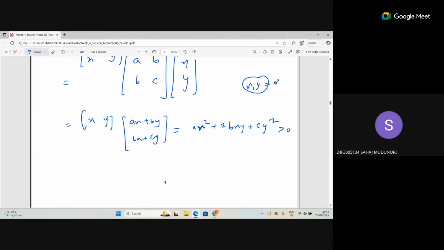Sir, suppose there was a constant plus 5, then it wouldn't have been 0. No, I'm talking about when both x and y are equal to zero. Yes, sir. If the polynomial expression was ax square plus 2bxy plus cy square plus 5, then at 0 comma 0 it is not 0, it is 5.